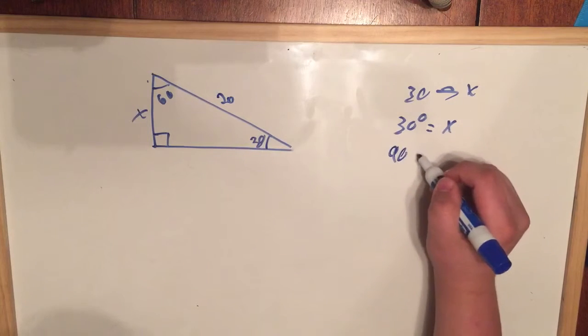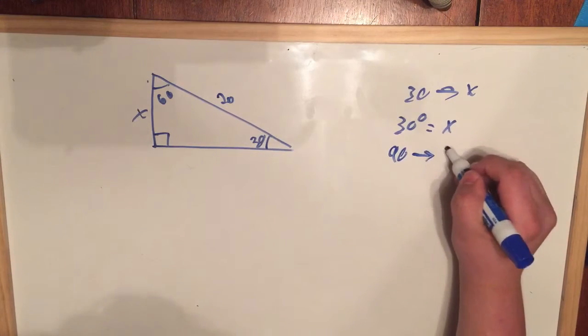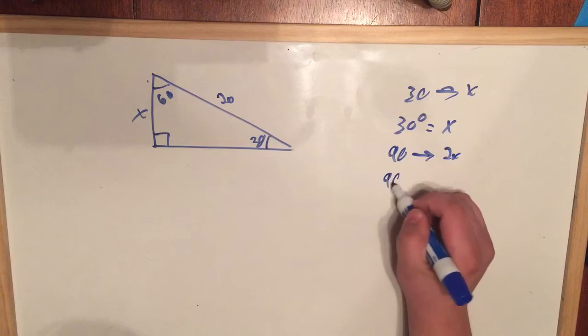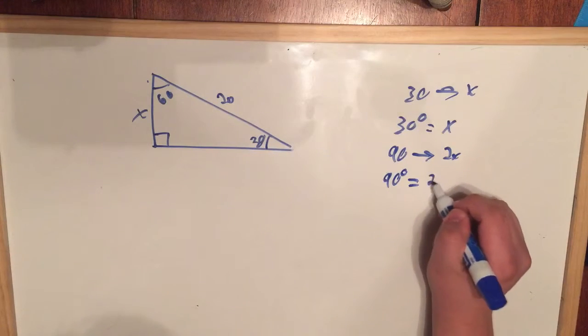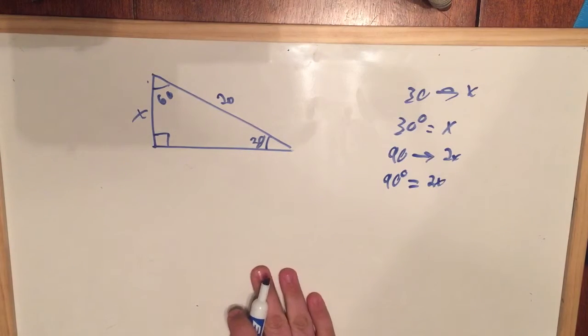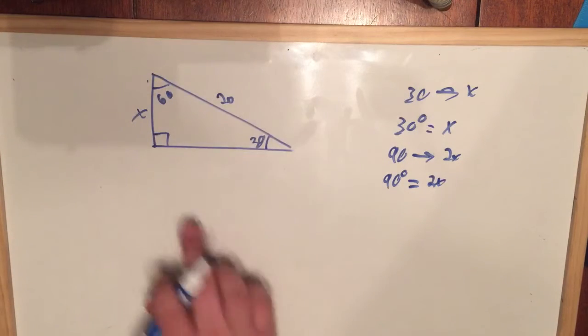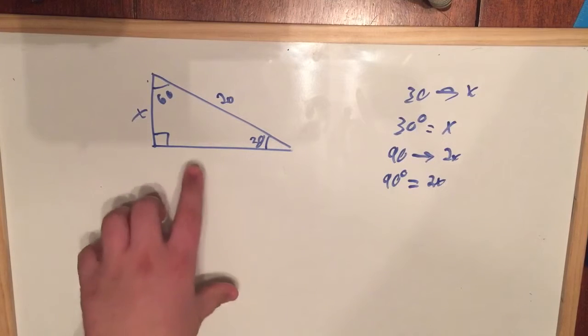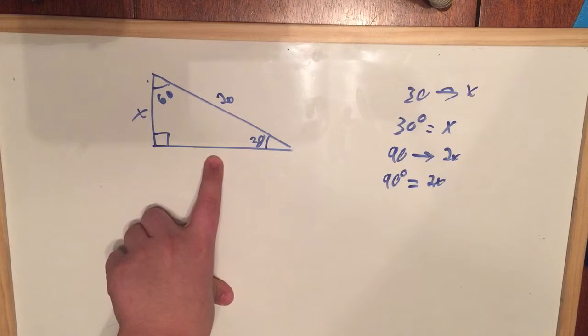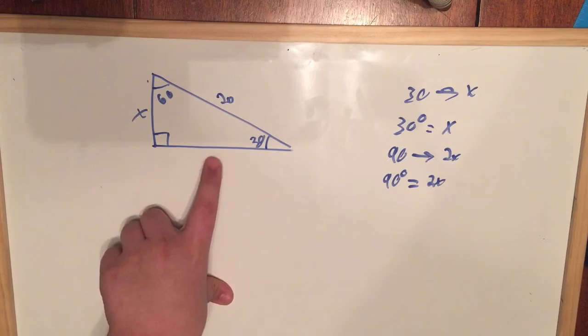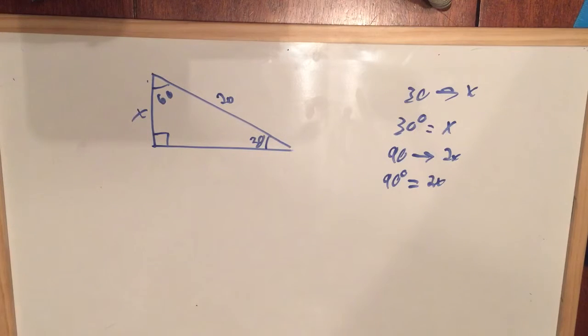So 90 is 2x, or 90 degrees equals 2x. Now, we need to figure out what this side is going to be. All the time, this is what you're going to use as your basic for trig. This side right here is going to equal whatever our Pythagorean theorem gives us.